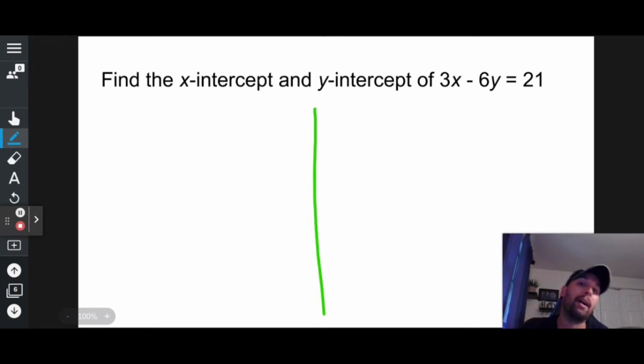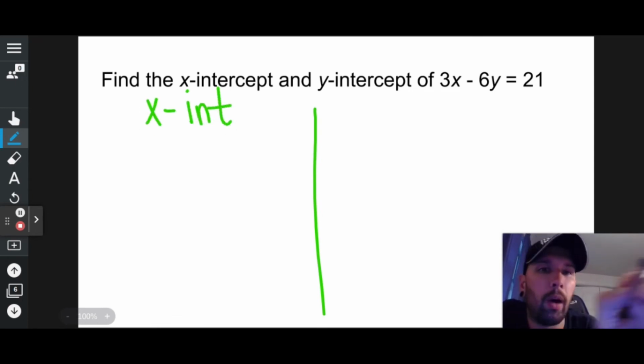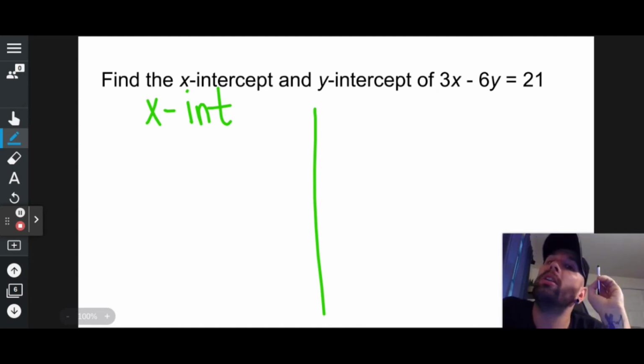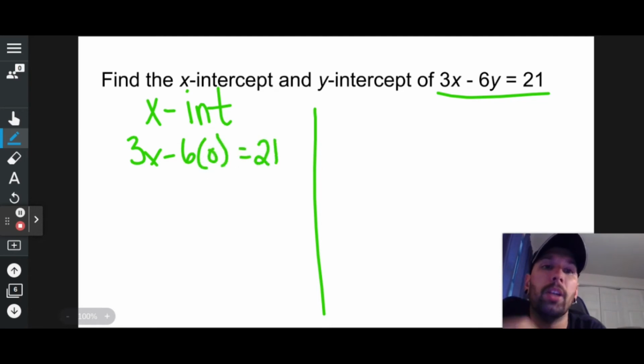Let's start out by doing the x-intercept. To find the x-intercept, I'm going to rewrite that equation right there, but I'm going to plug in 0 for y. See? Negative 6 times 0, well, that just becomes 0, so you're pointless.